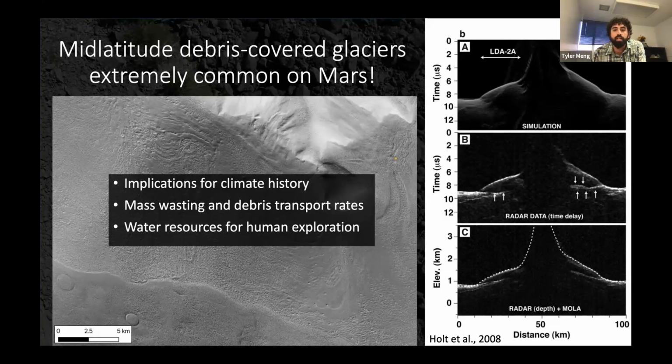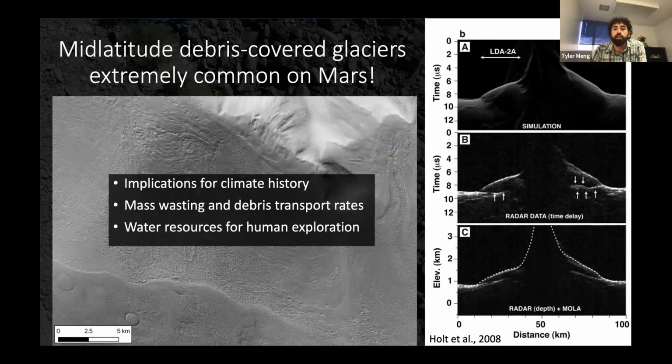We're really interested in characterizing the overall Martian climate history, as well as understanding the mass wasting and debris transport rates. That can also give us a clue into the climate history and the variations of weathering throughout the Amazonian period of Mars, especially.